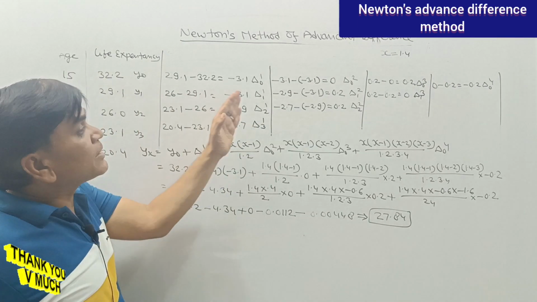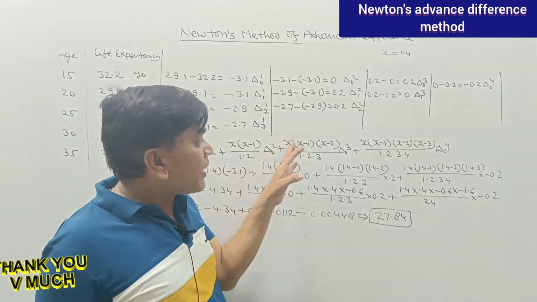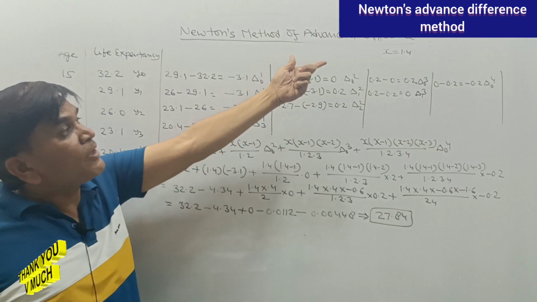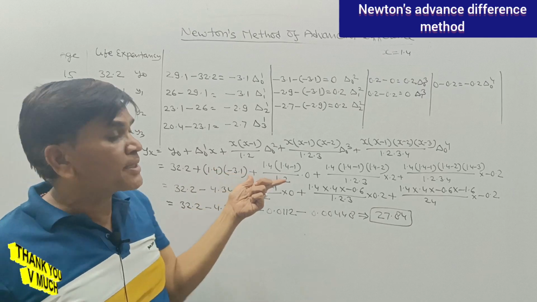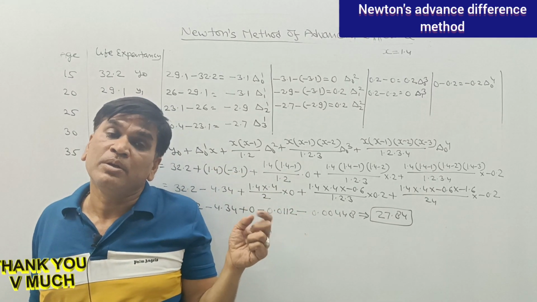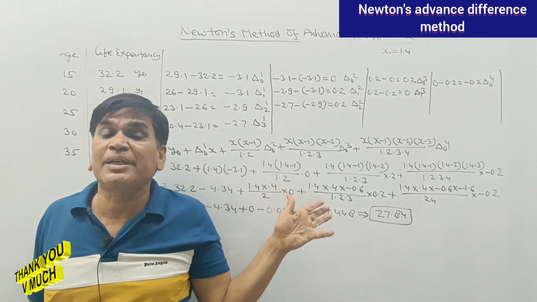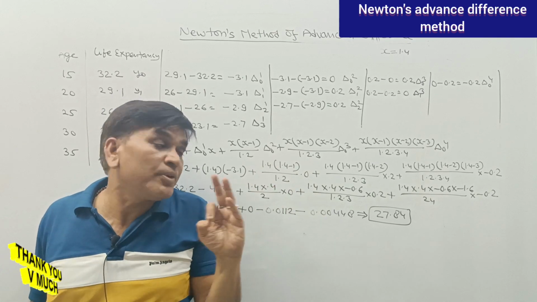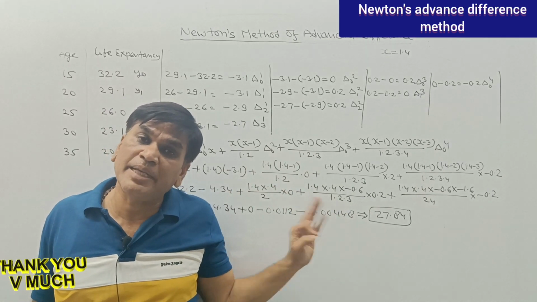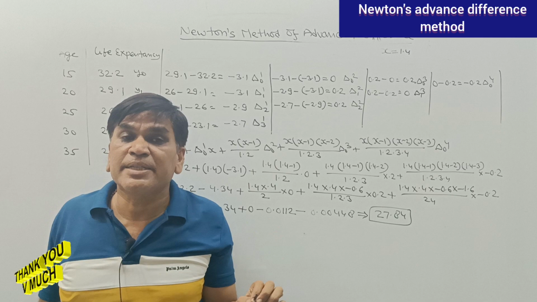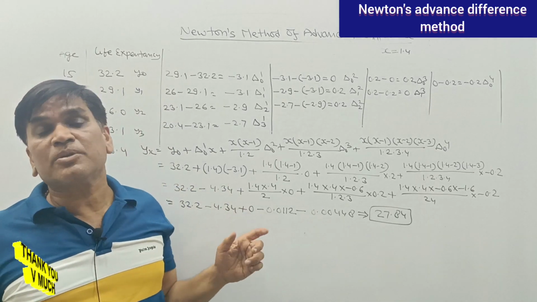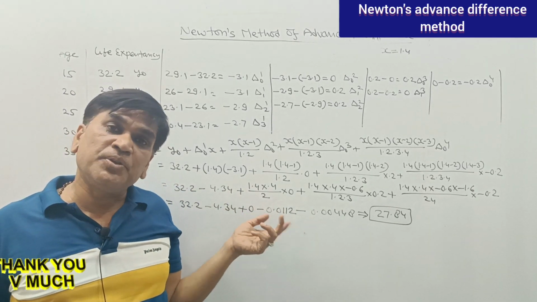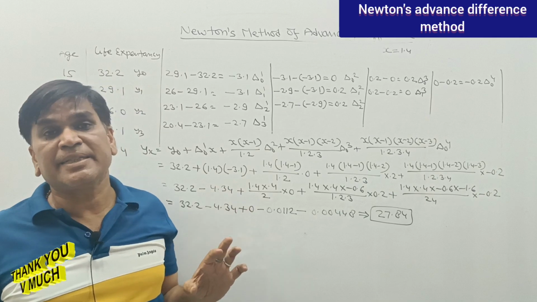First we have to get the differences, then we will apply the formula, get the value of x, and put the value of x. If you follow what I am telling here, certainly you will get a clear result, and in your examination the calculator will be allowed, so no problem at all. You can use the calculator and get the correct result.